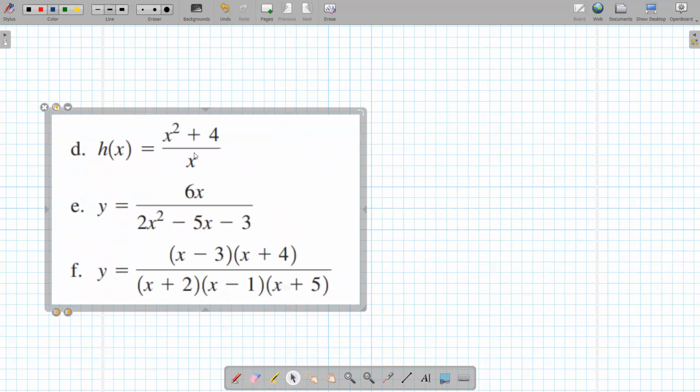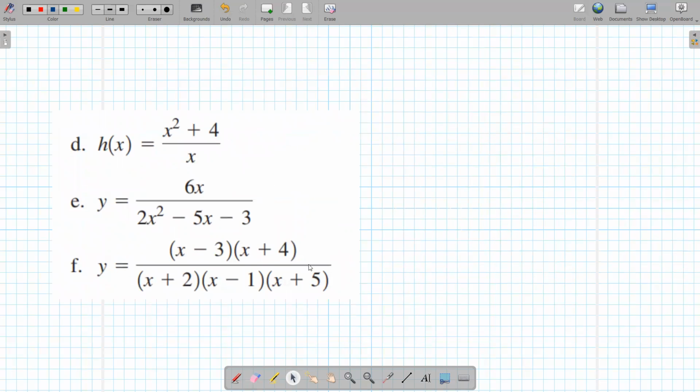What about D? Is there anything that D can't be? Zero. Yeah, that's it. The x cannot be 0. It can be anything except 0. What about E? E looks a little bit weird.